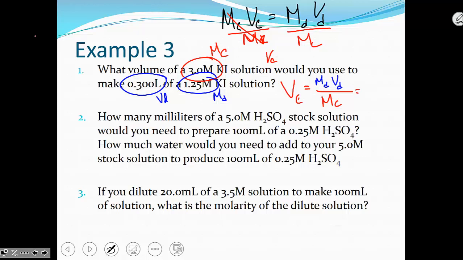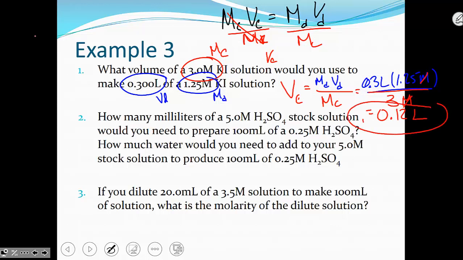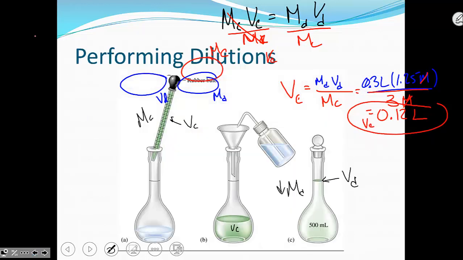So we can plug in 0.3 liters times 1.25 molar over 3 molar. Molarities cancel out and I'll be left with liters. I would need 0.12 liters of my concentrated solution.